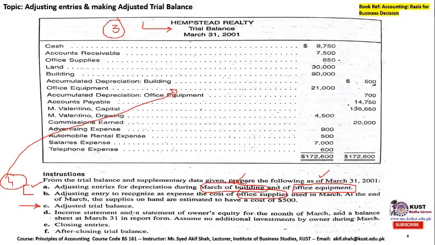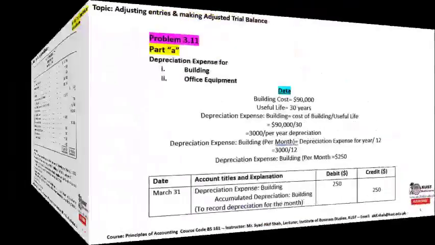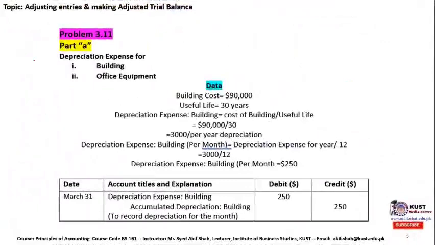So basically we have the depreciation entry. We'll try to find out the titles we have used in the adjusting entry and incorporate them in the trial balance one by one. So let's see how to do that. This was our part 1 where we made the adjusting entry for depreciation expense building and then accumulated depreciation building.